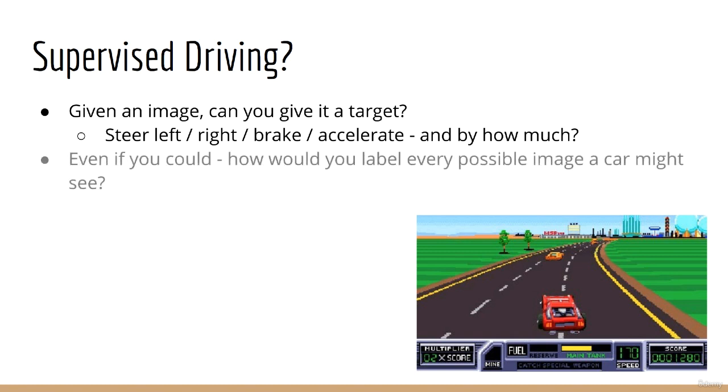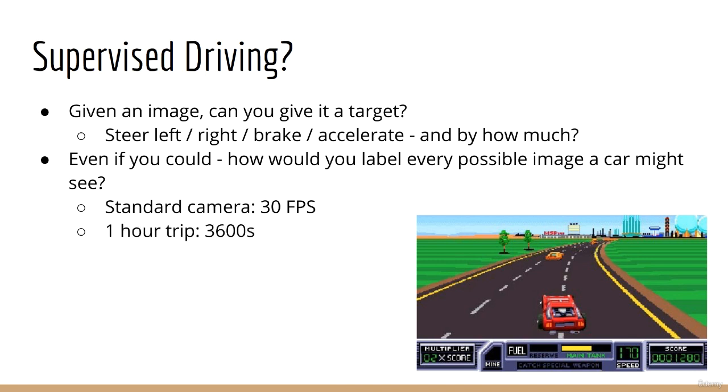And even if you could, how could you possibly label every single frame that the car will encounter along its journey? Imagine if you have a standard camera that captures images at 30 frames per second, and you have a 1-hour drive as your dataset. 1 hour is 3,600 seconds, which means you would have to label 108,000 images from just one trip.